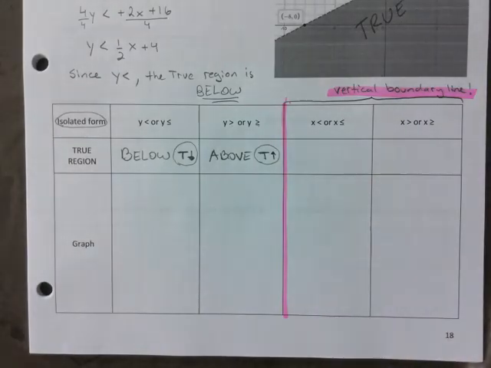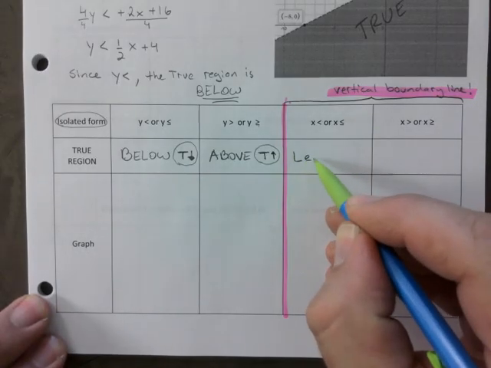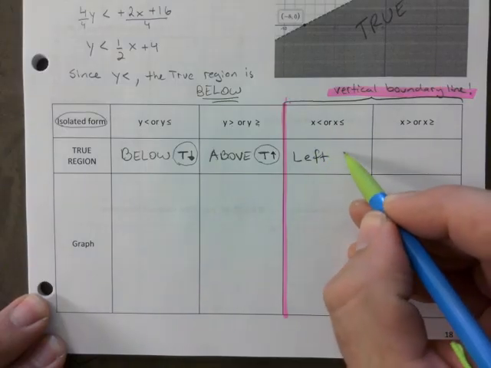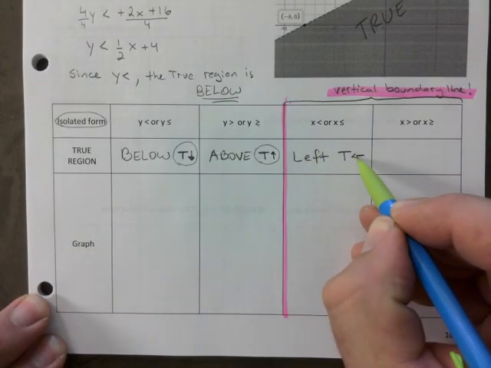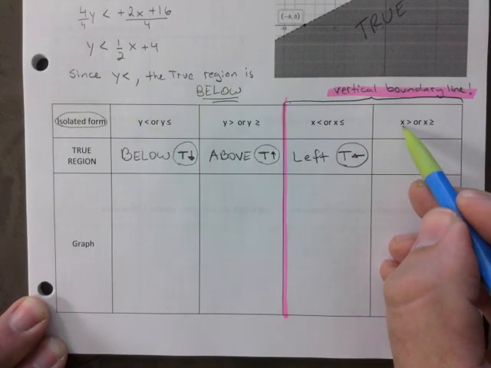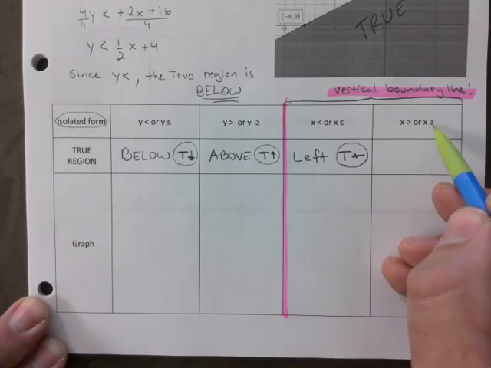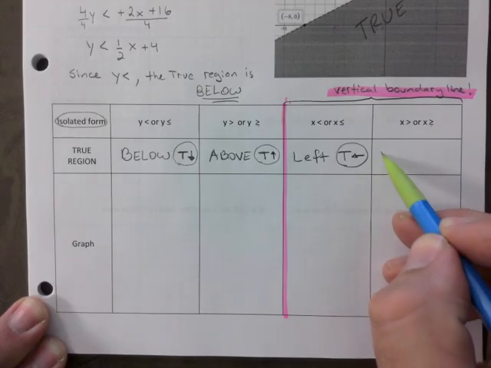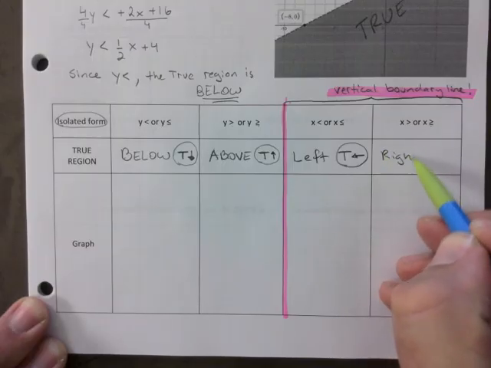Think of the x-axis. Where's the smaller? It's always to the left, right? So this would be left. So true is to the left, like this. If you isolate and you get x is greater than or equal to, the true region is going to be to the right.